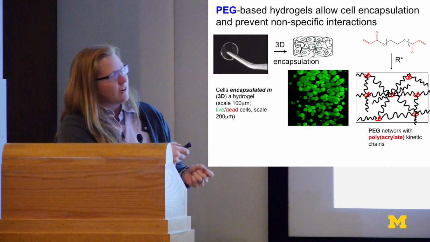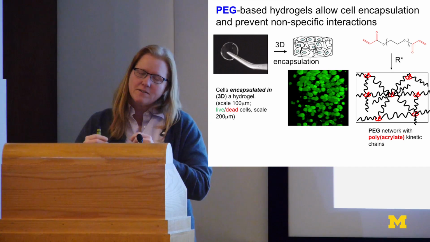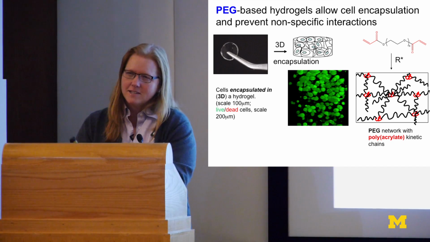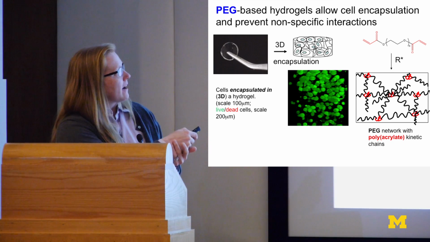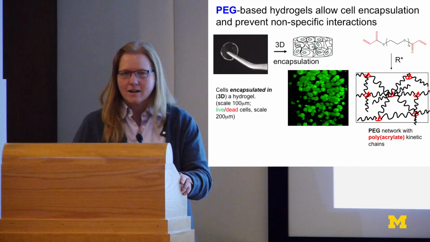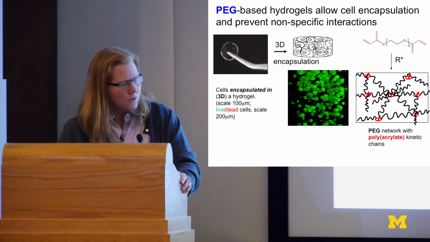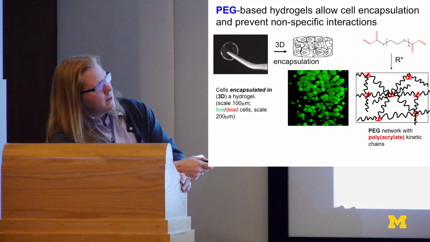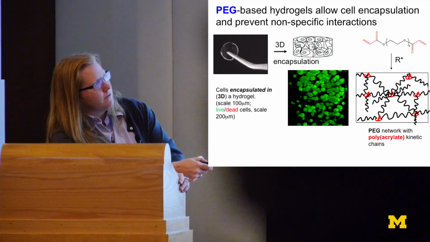So PEG is desirable because it minimizes some of those non-specific interactions, so that if I want to introduce a cue and see how the cell responds to that particular cue, it provides a background that is a blank slate with which I can decorate these extracellular environments. In a really simple sense, we take polyethylene glycol and we put different types of functional groups.